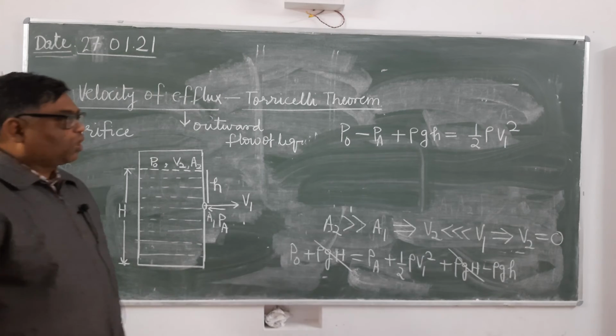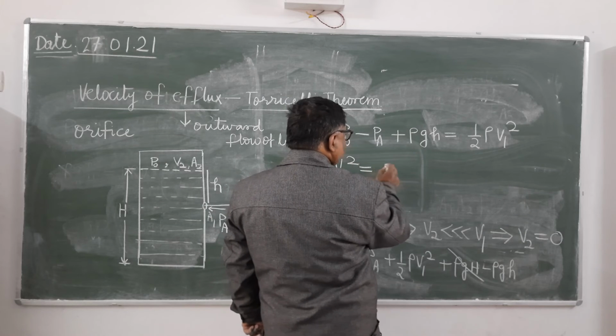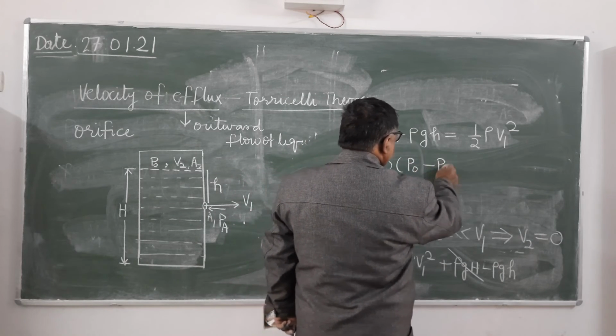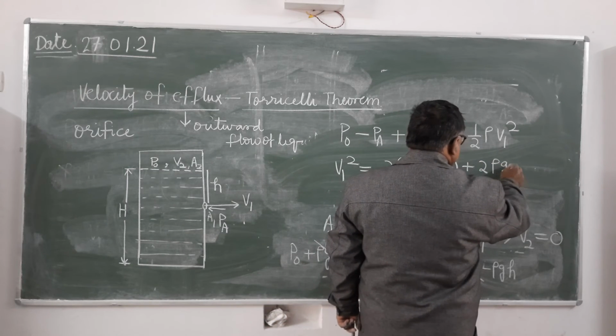So what will be V1 square from here? V1 square will be equal to 2 times P naught minus PA plus 2 rho gh.